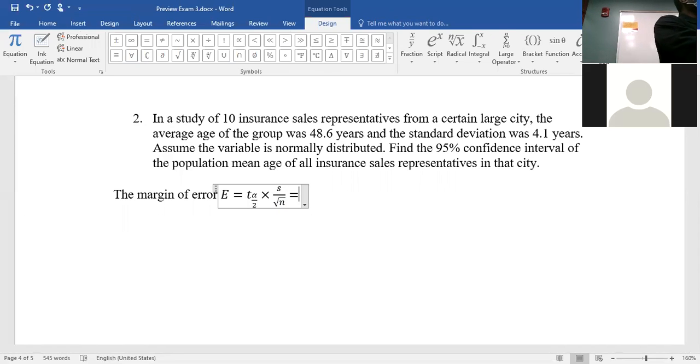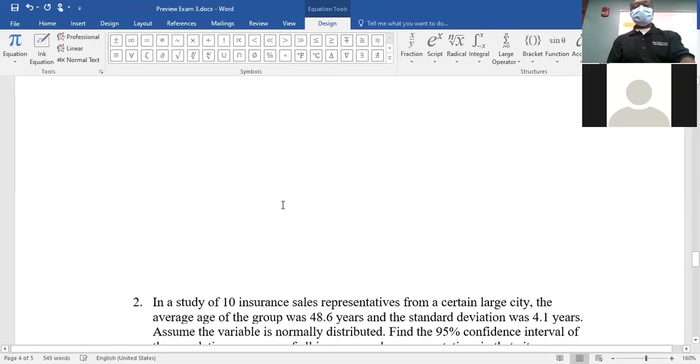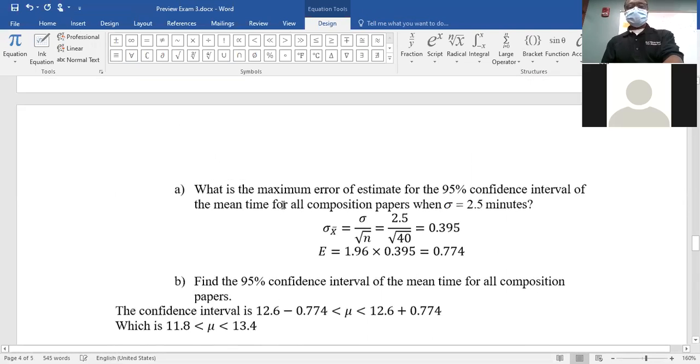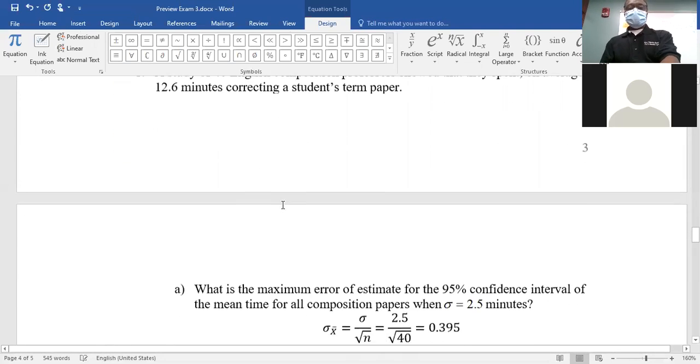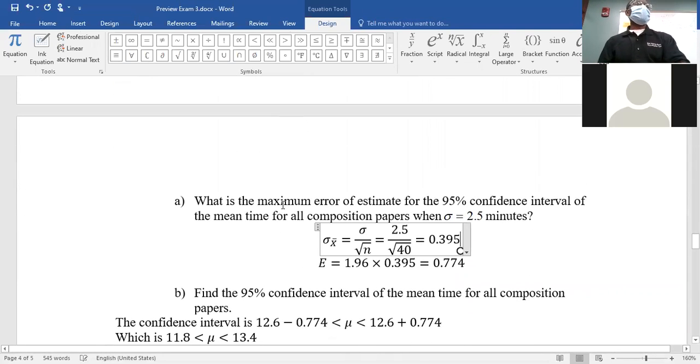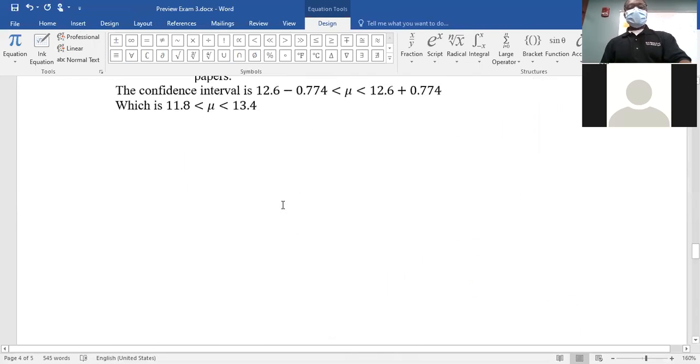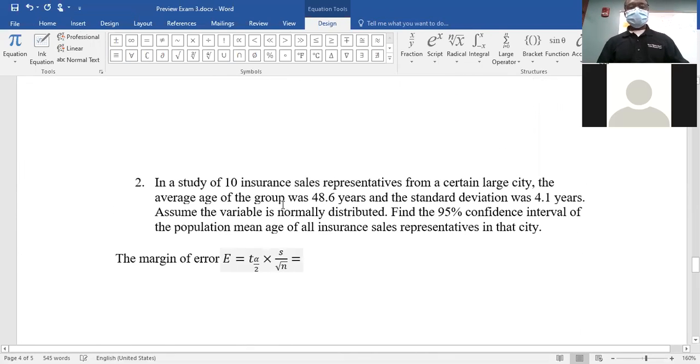Because sigma is unknown. Yes. The first time we were given sigma, so here we were given sigma equals 2.5. And now we are given the standard deviation of the sample. Very important to know. So we go to the t-distribution table.